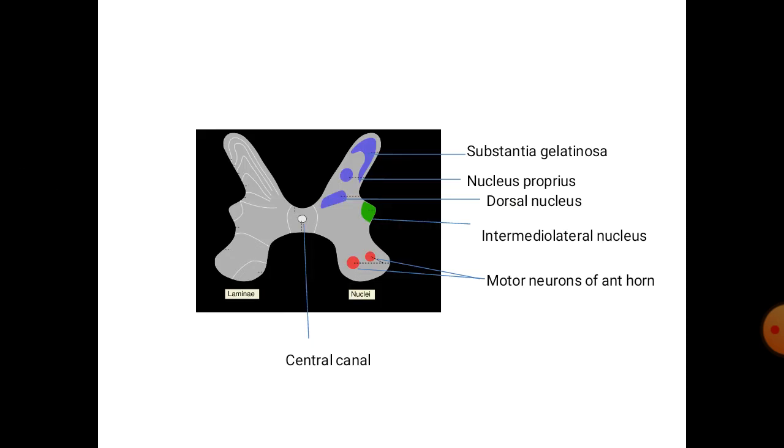You can see here the blue colored areas which contain the sensory cells. The outermost you can see the substantia gelatinosa, then the marginal nucleus is there, then the nucleus proprius is there, and the dorsal nucleus is there.